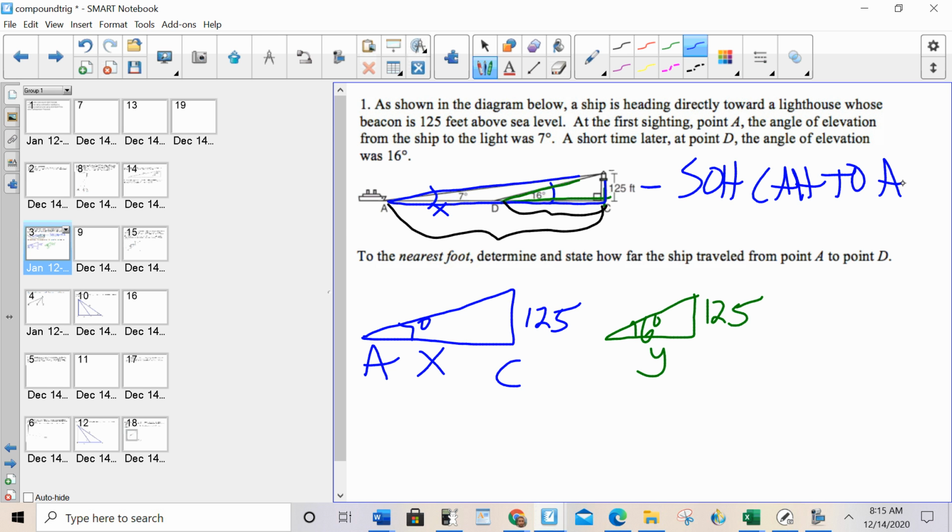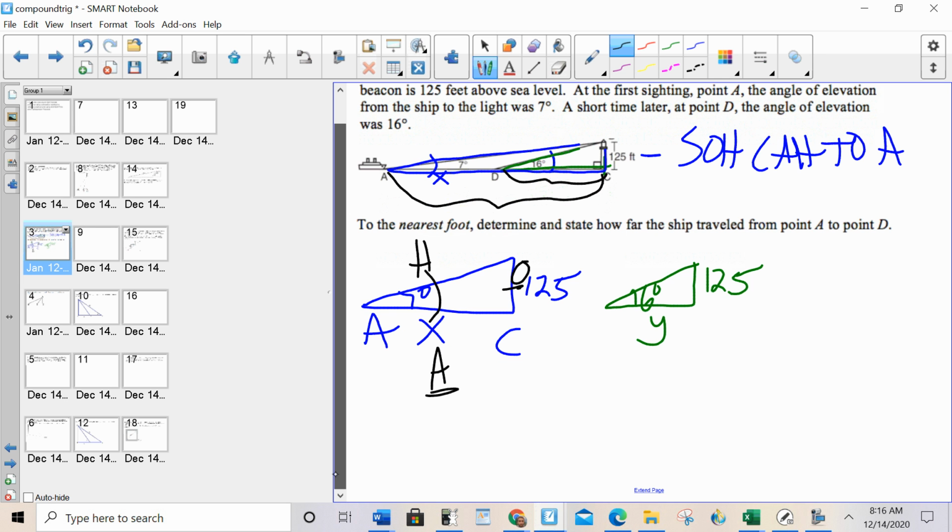So I'm going to label my H, my A, and my O. Out of A, O, and H, which 2 are involved? A and O. So I'm going to use tangent. Theta in this example is 7. O is 125.